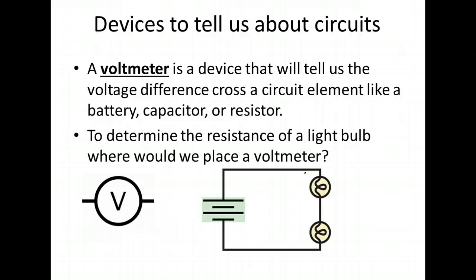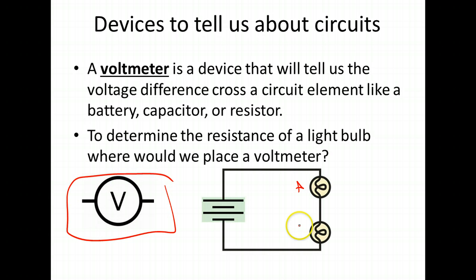A voltmeter, and this is the thing that we used the other day, is any device that tells us about the voltage difference across an element, and here is the symbol for a voltmeter. Let's say that I want to know the voltage drop across light bulb A. How would I have to place my voltmeter to tell that?